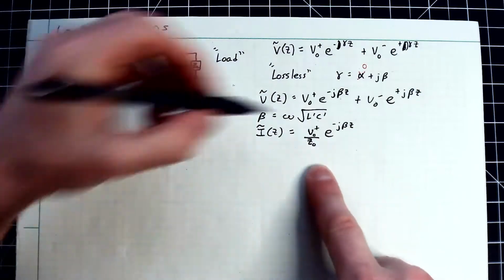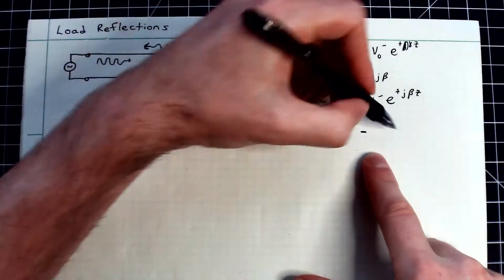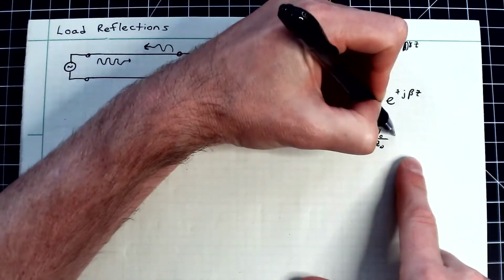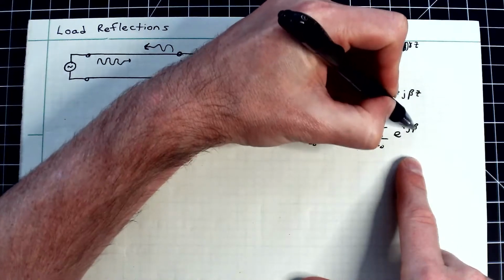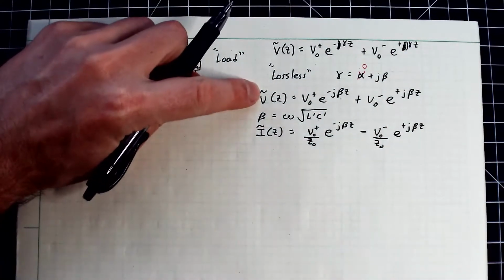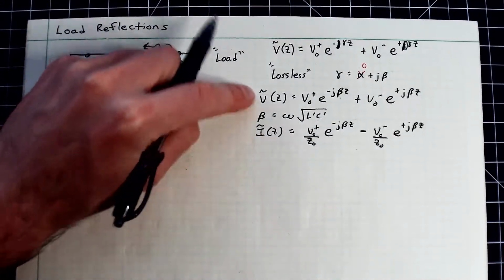So that's the current amplitude. And then for a current traveling to the left, I would have to have a minus sign: minus V naught minus over Z naught, e to the plus j beta z. Given this voltage, this current necessarily has to go alongside it.